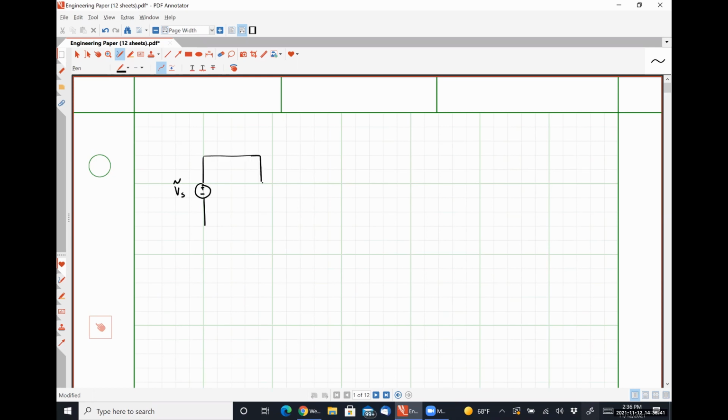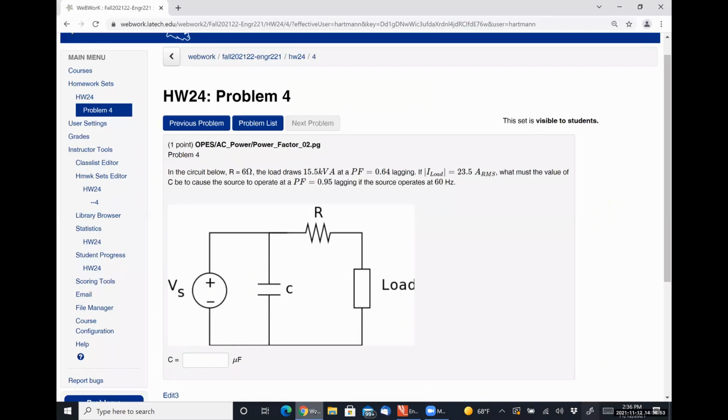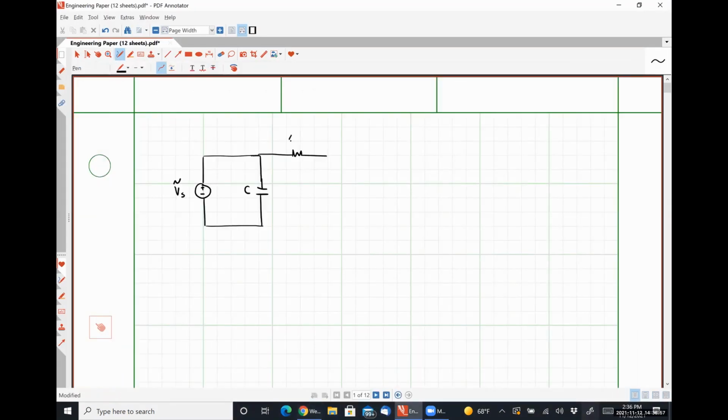Then we have some capacitance here, C, which I believe we are trying to find. Some resistance here, R, which for me looks like 6 ohms. And then a load here.